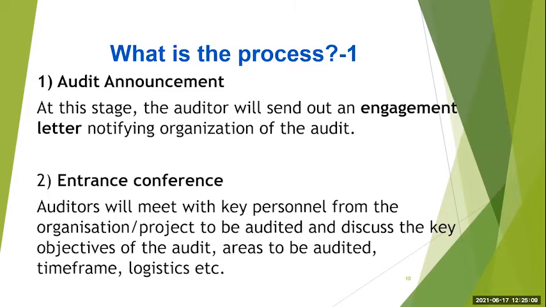So this letter usually spells out the scope and objective of the audit, period and areas of review, the reason for the audit, names and contact info of the auditors, the expected start date and the estimated duration of the audit, and any documents that they may need in advance before coming to your site.